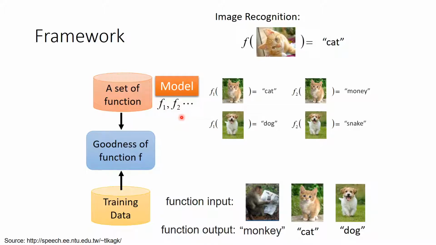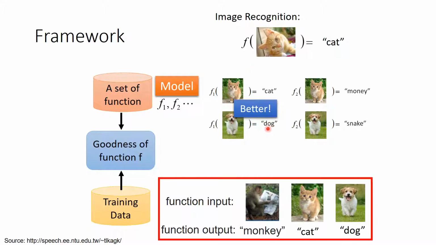This is in image recognition, and it is similar in other fields or other functions. In this case, we can see F1 is better than F2 because F1 gives you the correct answer.